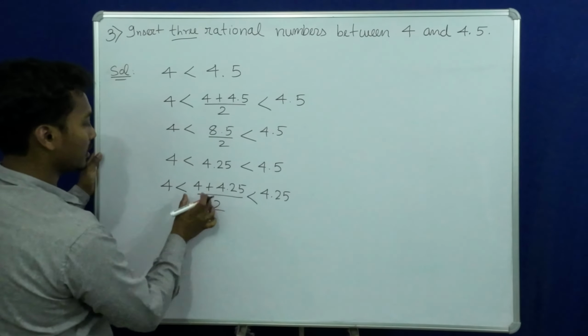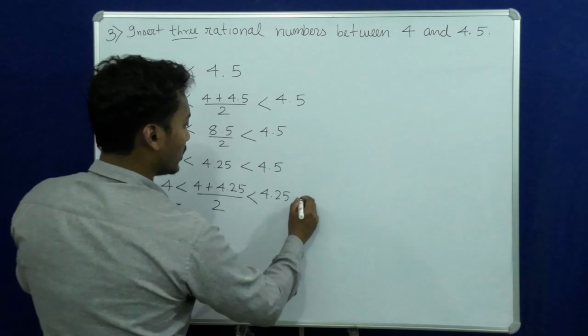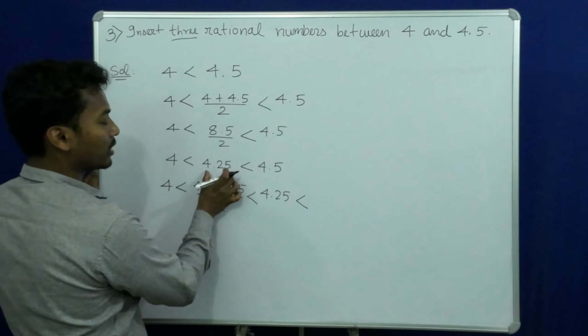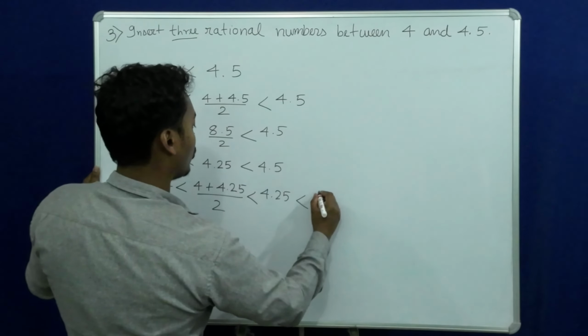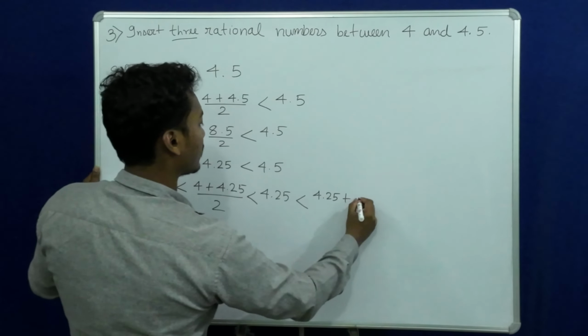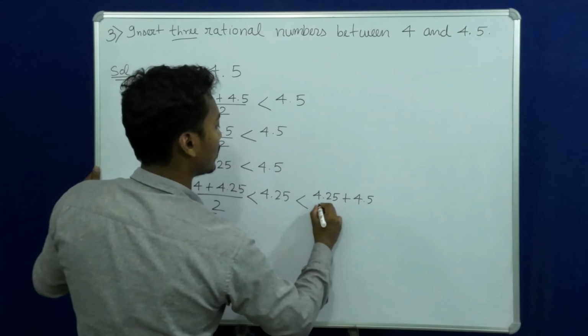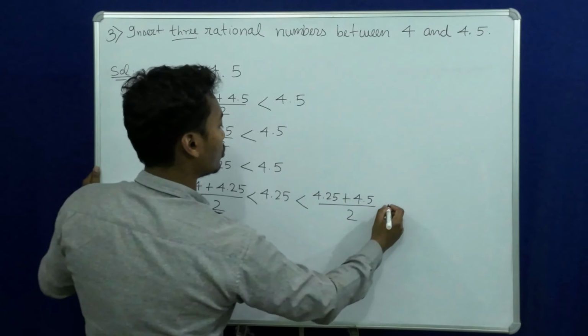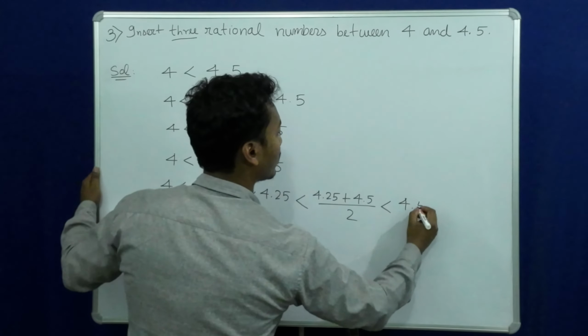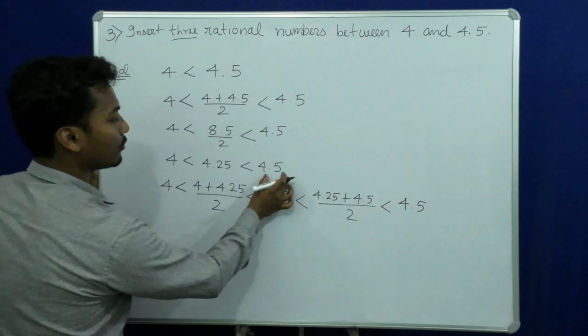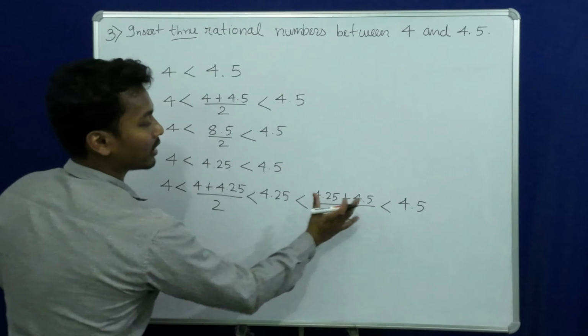So between this and this we got this rational number, and another rational number between this and this, we will get 4.25 plus 4.5 divided by 2, less than 4.5. So between 4.25 and 4.5 also we'll get another rational number.